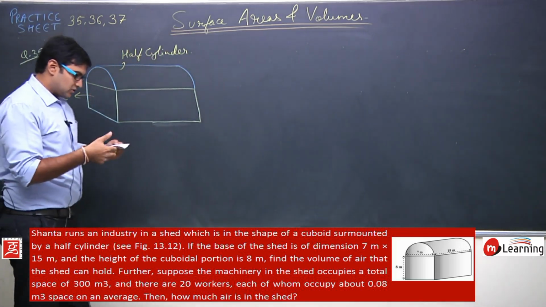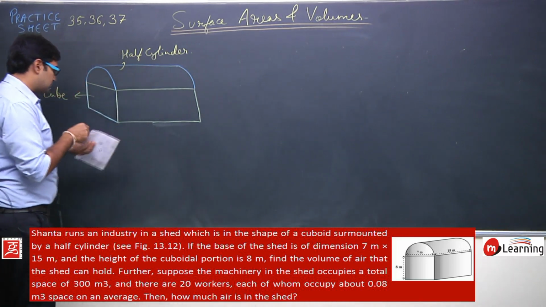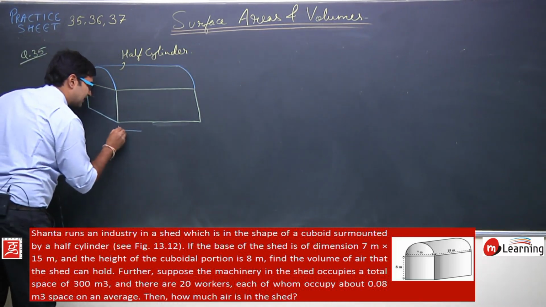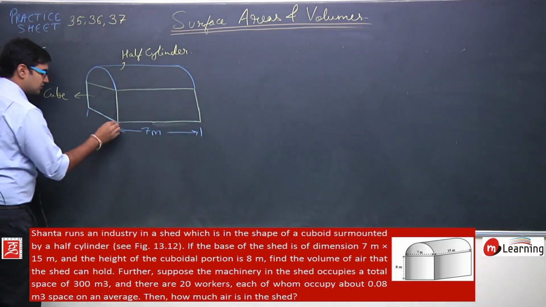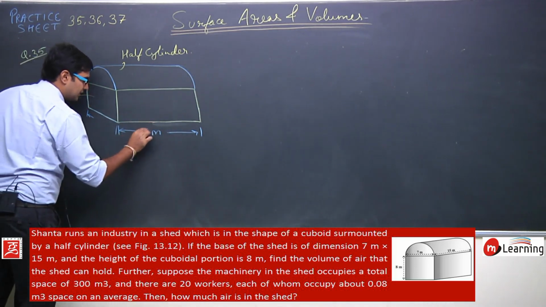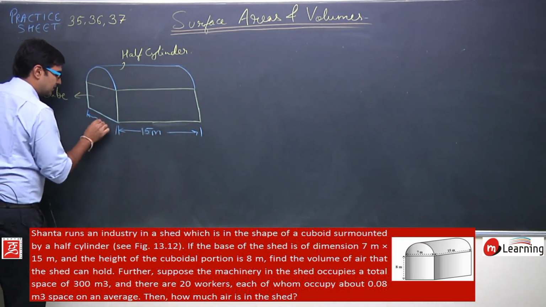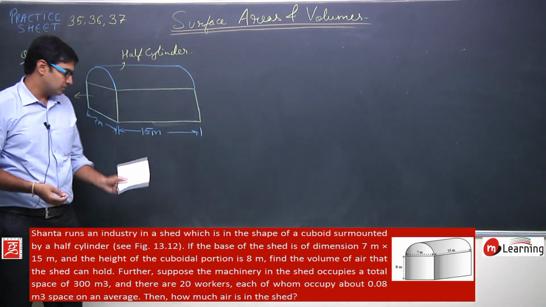The dimensions of this cuboid are given as 7 cross 15. So this is given as 7 meters, and this as, let us say, 15, and this as 7 meters. You can take this 7 and 15, it does not matter.